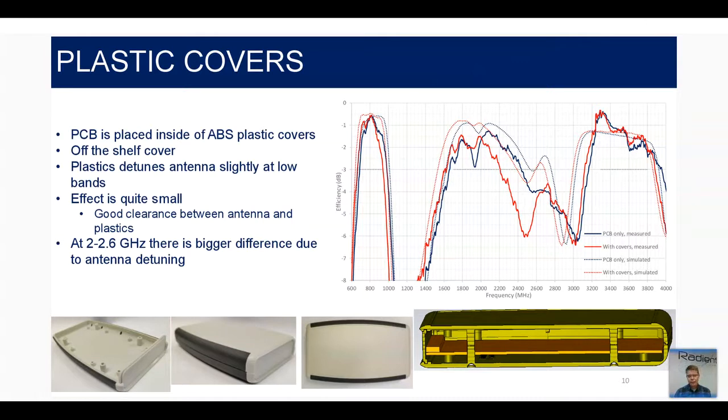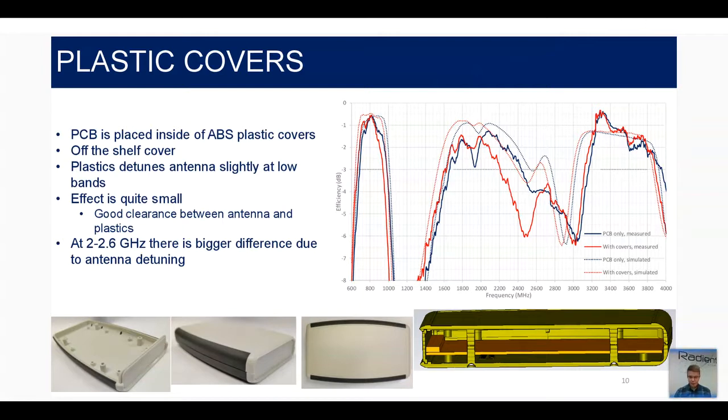And then in the higher mid bands, we can see that with the covers, the efficiency drops more above 2 GHz, and that is mostly due to the detuning of the antenna also. So the matching is getting a little bit worse there. And again, at the high bands, there isn't much difference here.